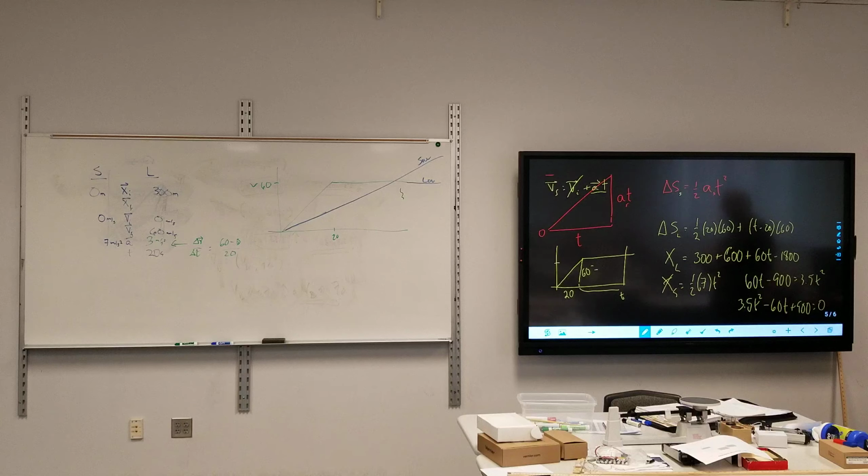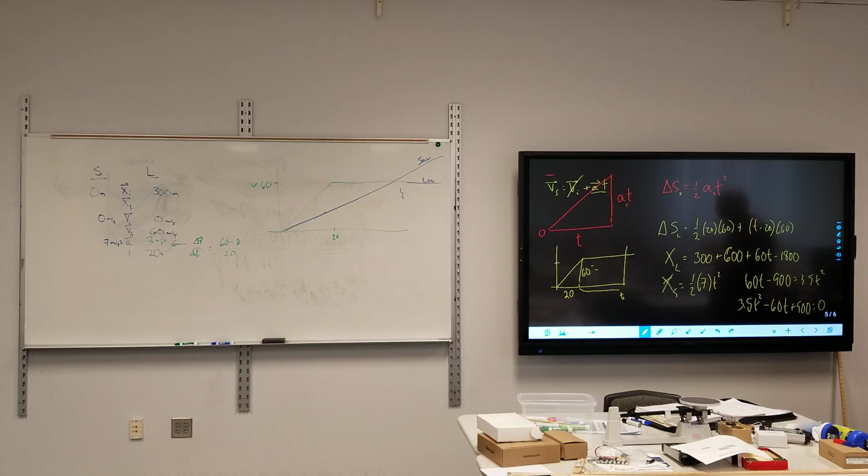It's a triangle, her displacement is 1/2 base times height. Did you subtract the 1800? Yeah, that's how I got the negative 900 here.